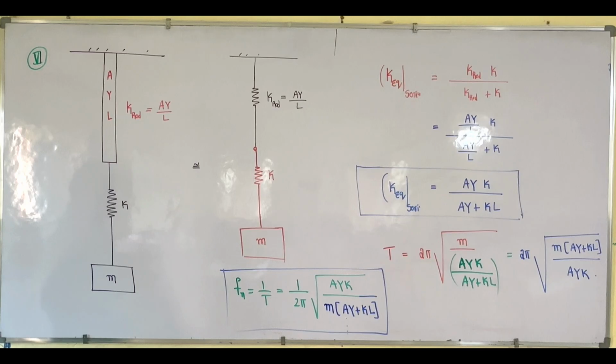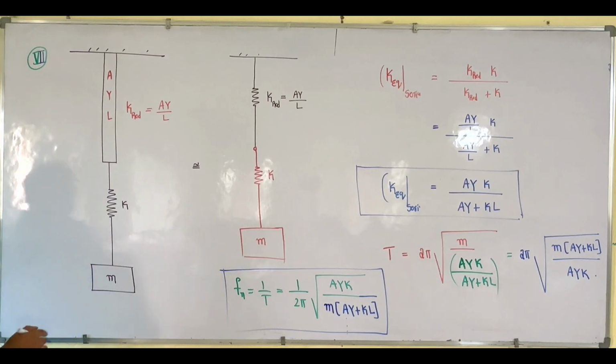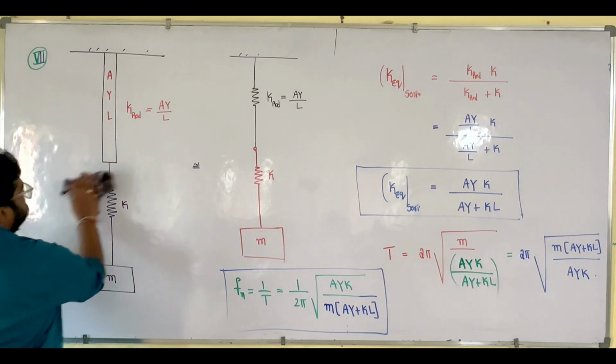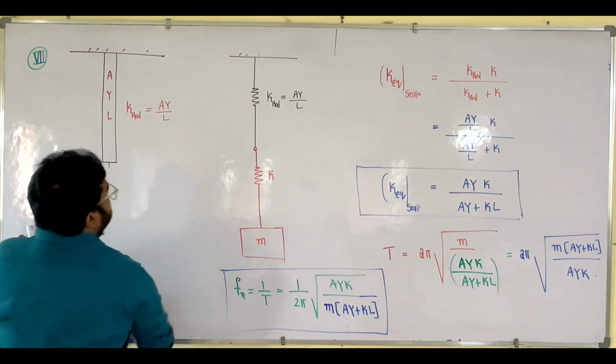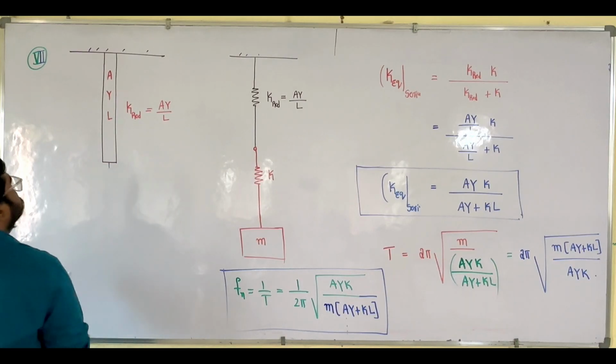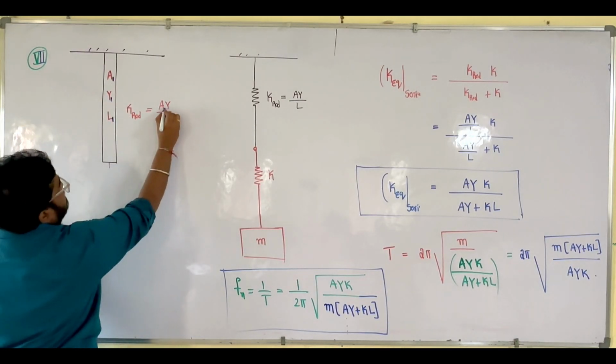Completed. Next, question number 7. Now I am connecting two rods. The first rod has A1, Y1, L1.